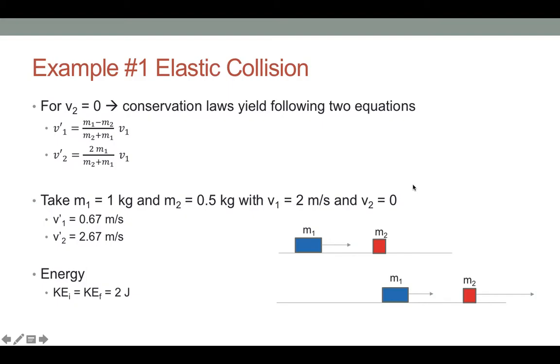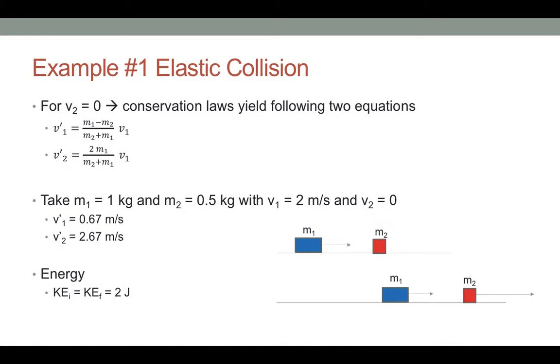Let's consider one example of an elastic collision. Here we're going to take one of the objects to be at rest, then take the two conservation laws for energy and momentum, solve them for the final velocities of the two objects, and these are the equations we get. Do not bother memorizing these two equations. The key thing is you need to know where they came from.